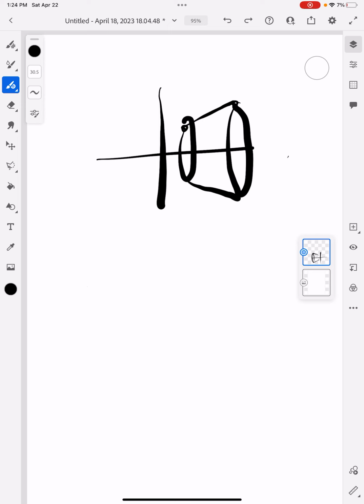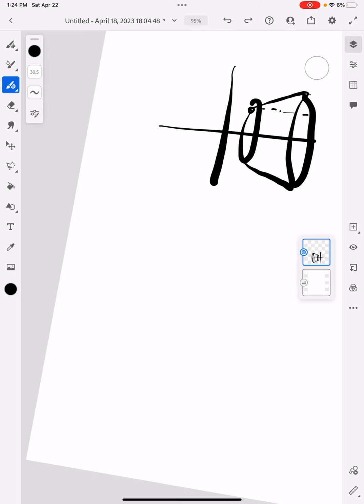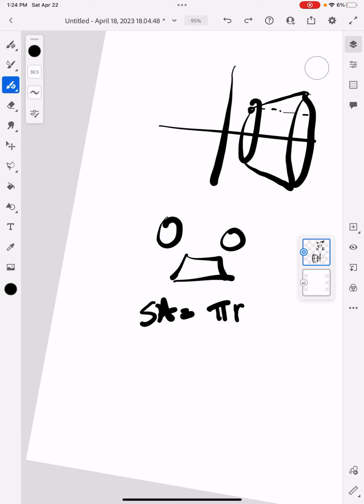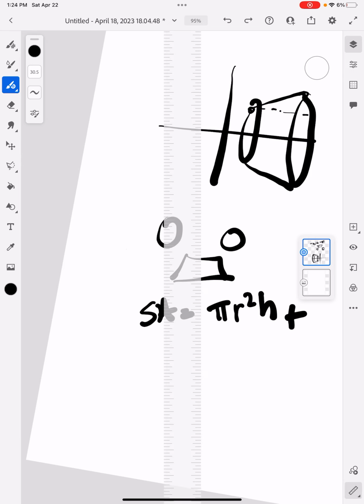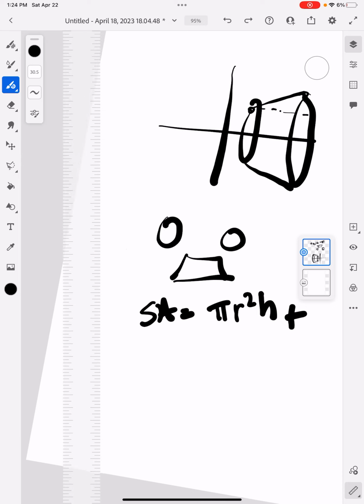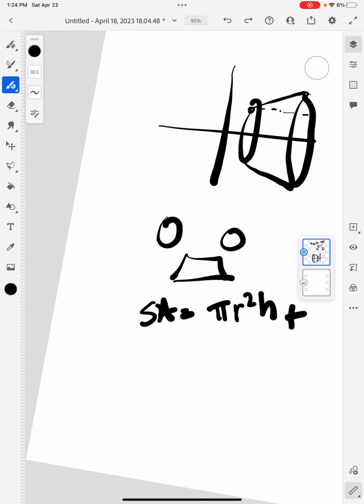And so this isn't really a cylinder because it doesn't have that straight line feature of a cylinder, but this is 2 circles that we can see. So if I had a net, I would have 2 circles and I would have a trapezoid. So the surface area would be the circles, plus the area of a trapezoid. In that area of a trapezoid section, you need to look up the area of a trapezoid and add those together for the surface area.